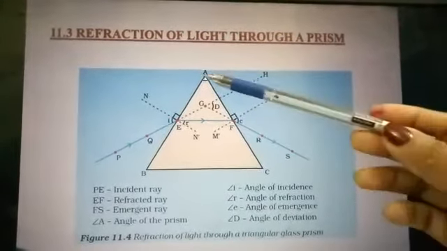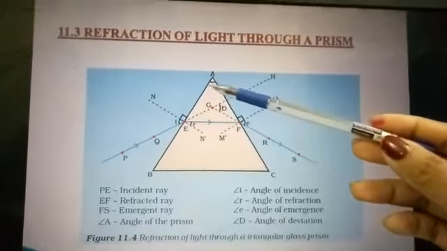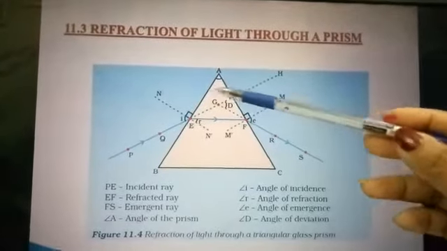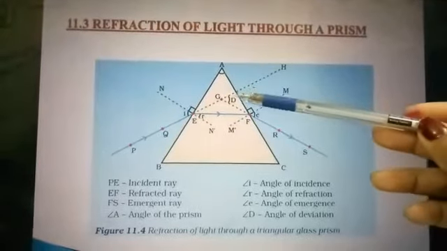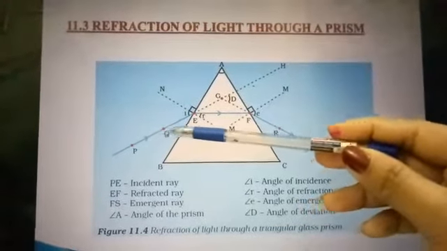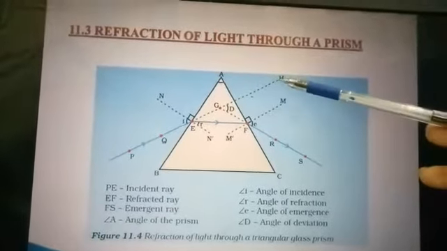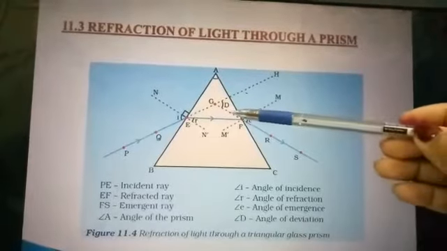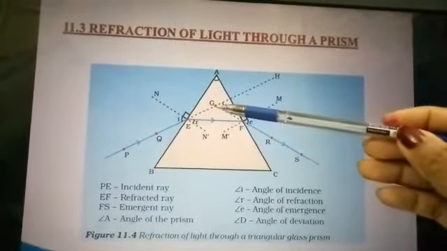Then look here, 2 more terms are here. One of them is the angle of prism, meaning the angle formed between the 2 lateral faces of the triangle is called the angle of prism. And here, this one is the incident ray and this line is the extended imaginary incident ray, and this one is the emergent ray, and here it is the extended imaginary emergent ray.